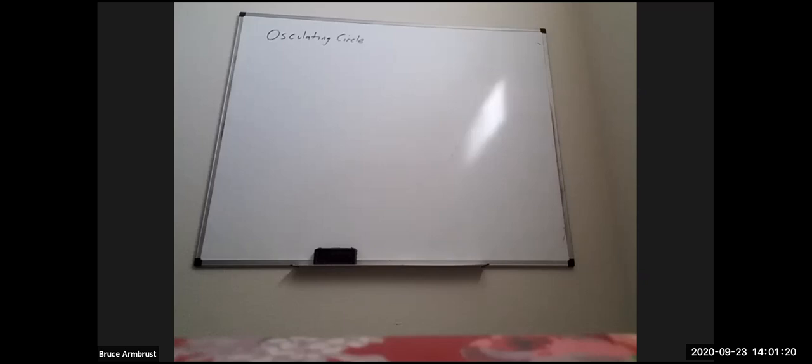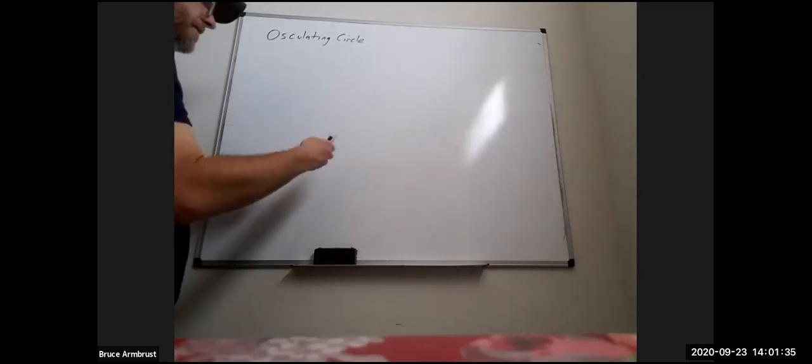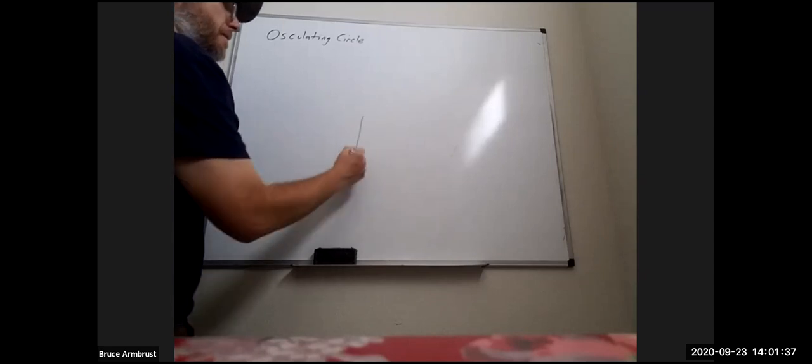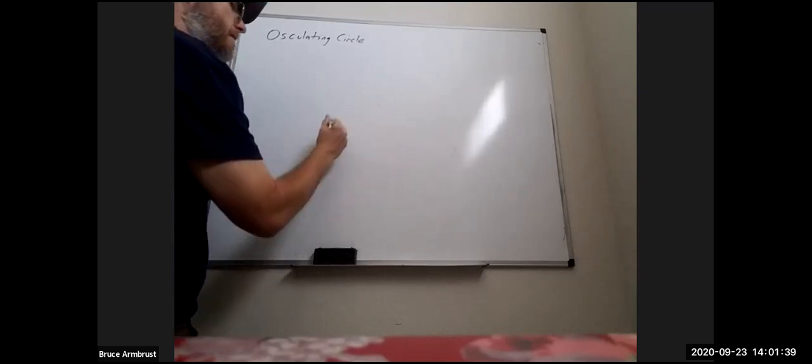All right, so what is this thing? Well, it's the circle of best fit. If you were to imagine a curve, I probably shouldn't have erased that cosine curve, but if you've got some sort of curve, let me just draw one here.